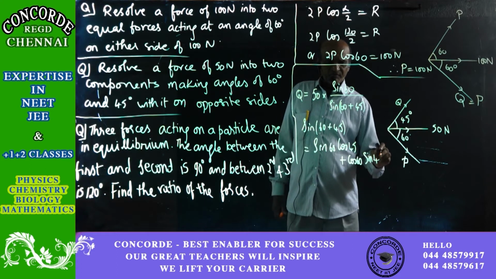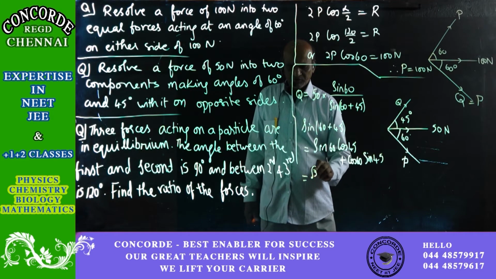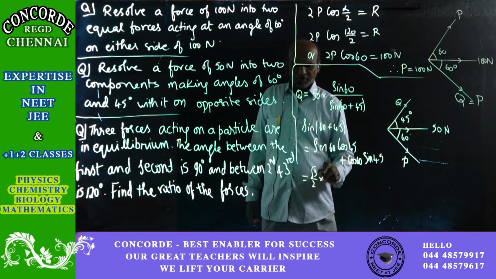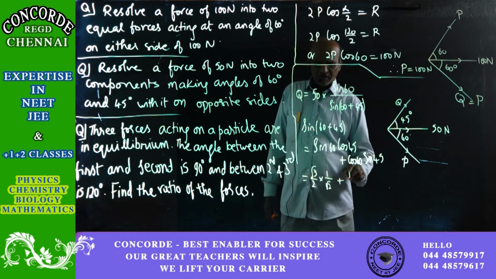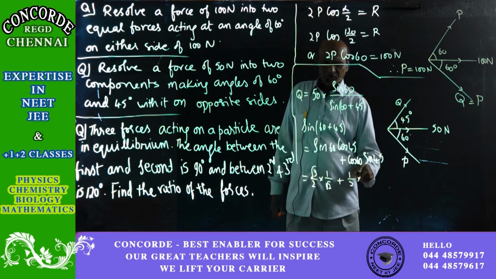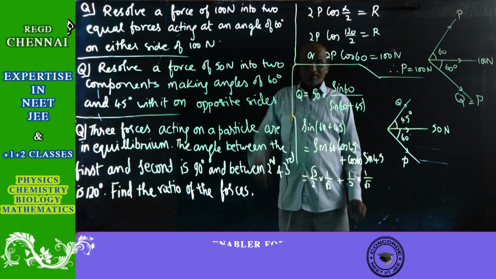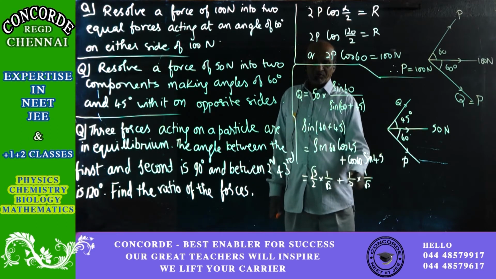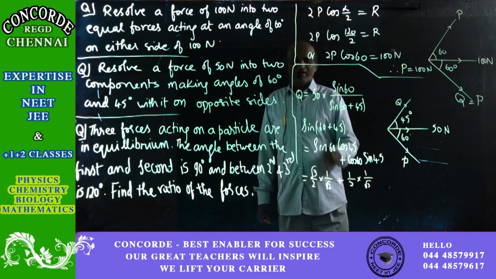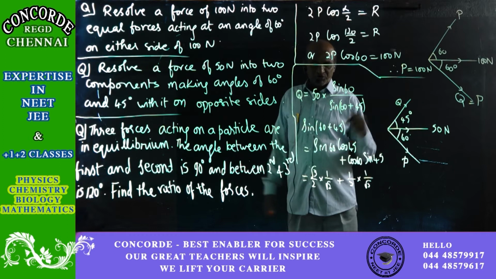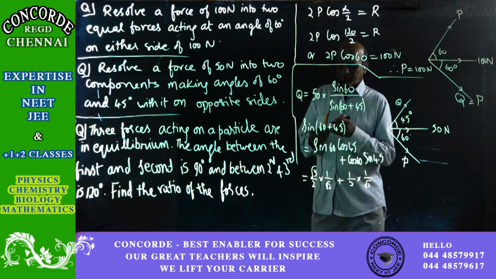So this will be equal to sine 60 is root 3 by 2, cos 45 is 1 by root 2 plus cos 60 is 1 by 2, sine 45 is 1 by root 2. So this is what I have already told you, root 3 plus 1 divided by 2 root 2, which is common in the denominator, is what you will get for sine 60 plus 45, which is also sine 105. Okay. Then you need to simplify this.